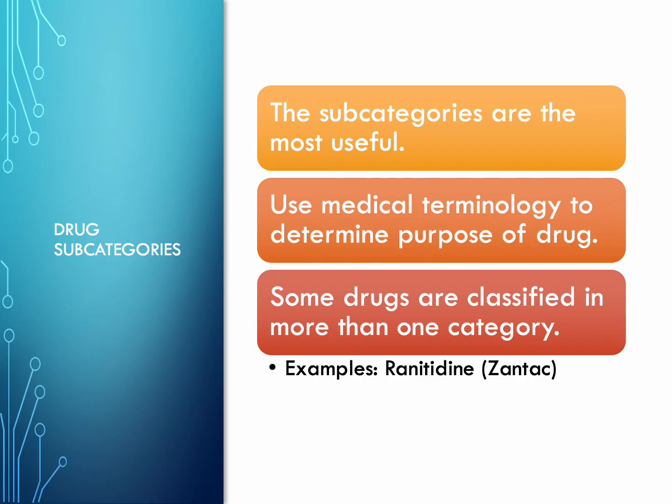A couple important side notes about drug subcategories. When we classify drugs, there are some important things to remember. Interestingly, subcategories are more useful than the broad categories. Why do you think this is? The reason is that subcategories give more information or clues to the drug's use or purpose, like cardiovascular agents. That helps us out a lot, right? We're familiar with the cardiovascular system.